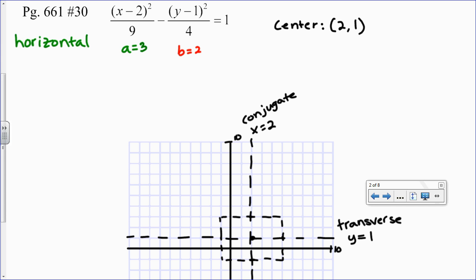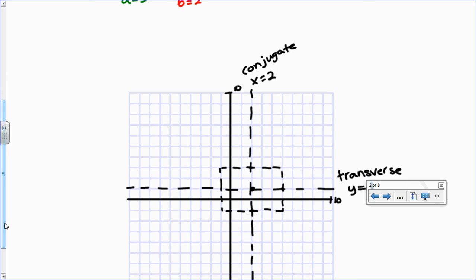Okay, so your asymptotes go through the diagonals of your rectangle. So you can't draw the hyperbola until you have your asymptotes, because you have to show that it's between the lines. That's what it's approaching. We will talk about the equations of the asymptotes, but we'll wait to do that till the end.